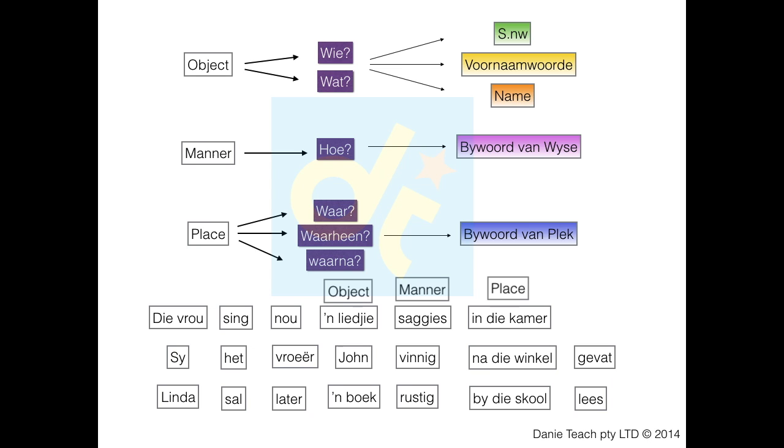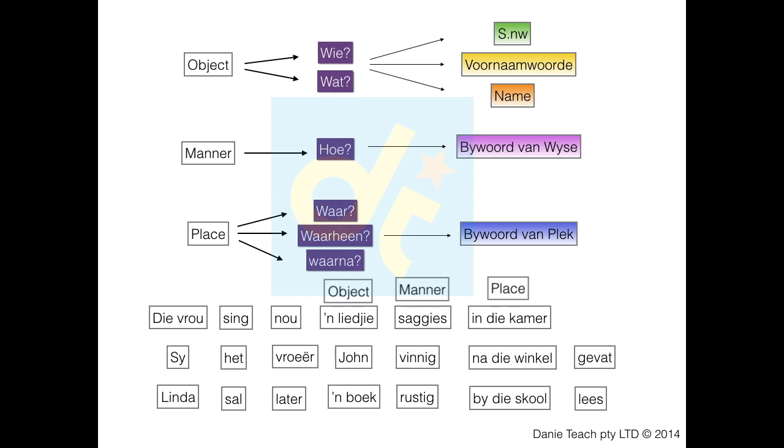So now if you want to do subject and time and object above the sentence, you can write it down, or you can just quickly check. Die vrou is your subject, sing is your verb, nou is your time. Object has to come after time, then there's definitely a manner, and then there's the place. So that must be your manner in the middle there. Die vrou sing nou 'n liedjie.